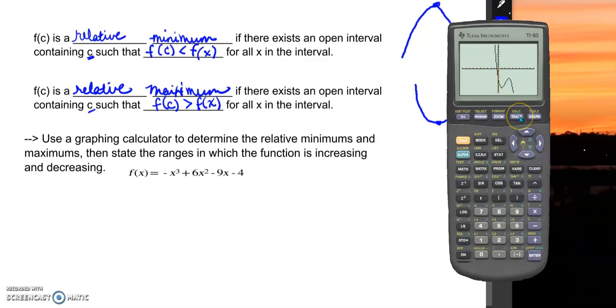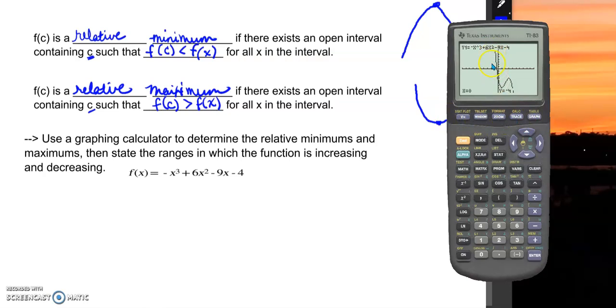So one thing that you can do, and we're going to have a better way, but if you haven't used this yet, there is a trace button. I don't think you can see my mouse on the screen. The fourth button over on this top row, these are all kind of your graphing buttons, says trace.